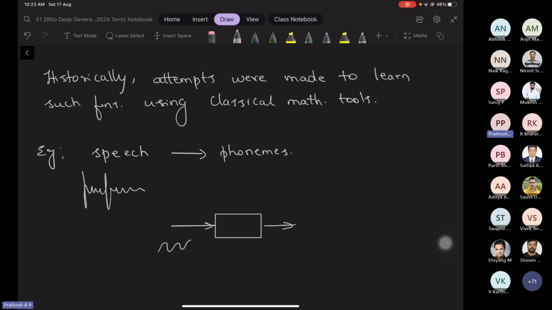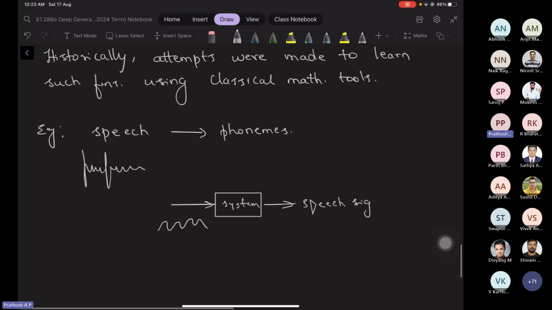This has some input, and this is the system. In an LTI system, you can either make it linear or non-linear. Let's say that it's a linear system. And what you get back is the speech signal. So this is the input to that system, and this is the speech signal that you observe.